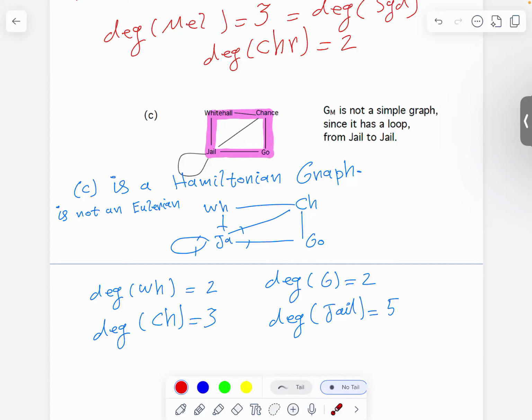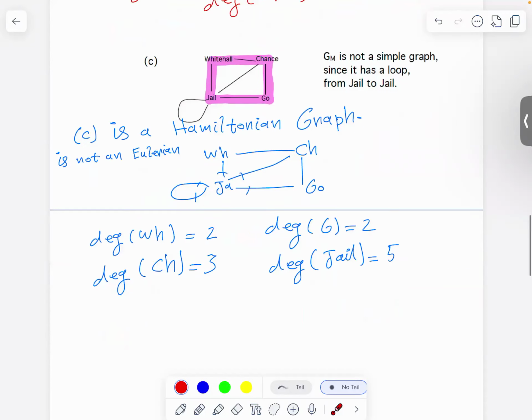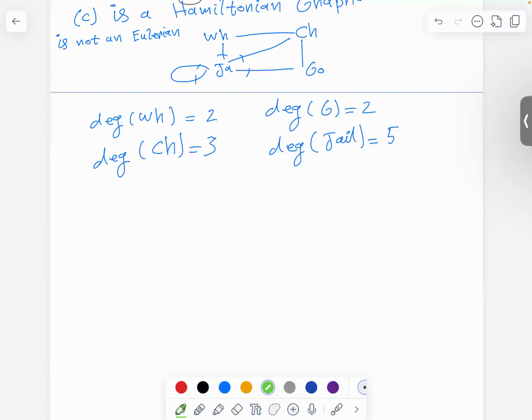But for the Eulerian path, start with the degree 5, Jade, this one, this one. Then go here, Chance, ending in the next odd degree. All right, so now question 2 is also done.